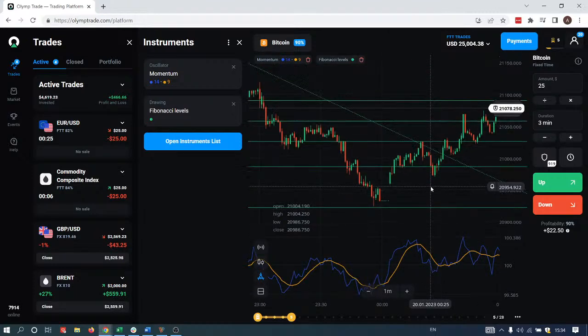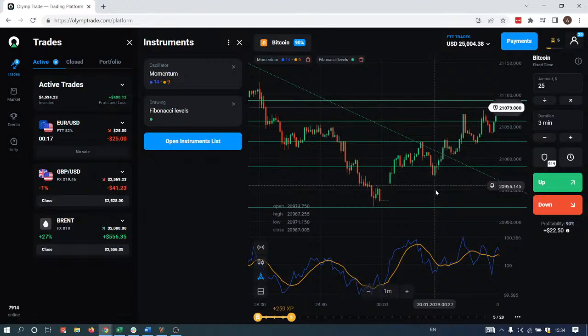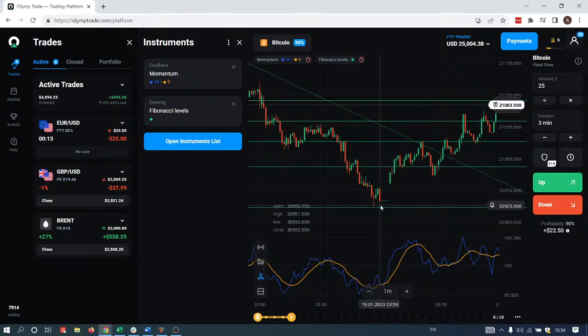It is done intuitively, because if you start doing it the other way, it will basically go to the left, into the past, and that breaks the whole logic of this indicator. So you need to do it from left to right.